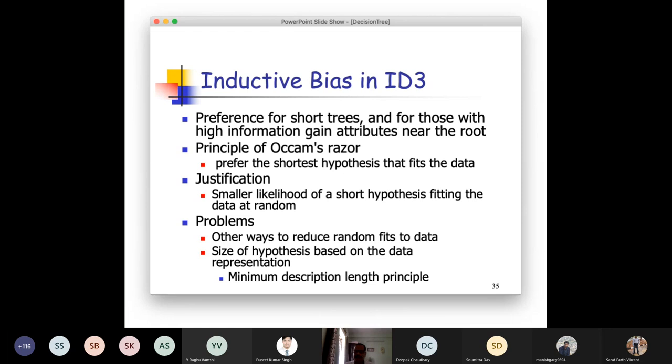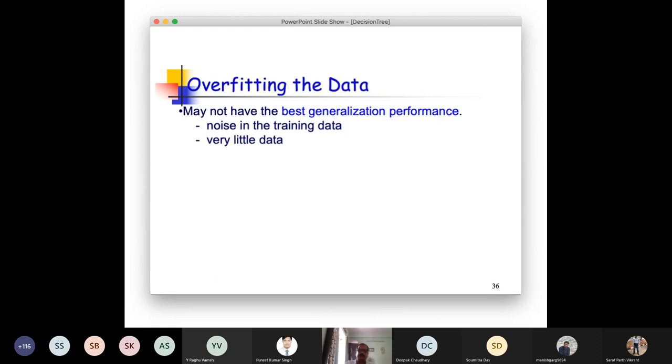If I consider that itself as the size, we call it minimum description length. That is the length of the description of a tree in your linear storage. Representing a tree from that point of view could be another definition, so there could be variations based on this principle.